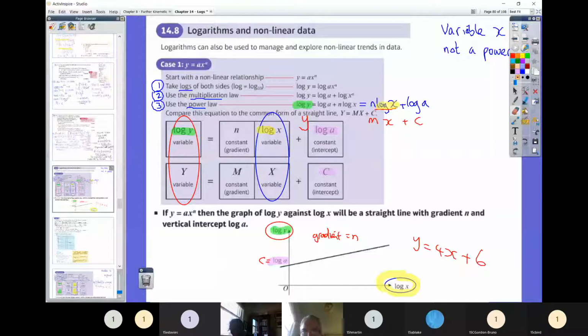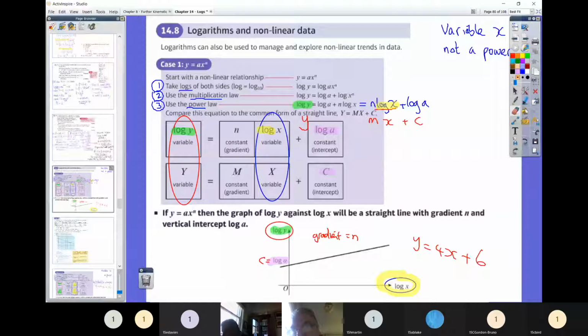Okay, our y-axis is log y. That's the bit I've done in green fluorescent pen. So note the left-hand side at the top is our y-axis at the bottom, log y. And looking at where I've written it in blue on the right-hand side, n is actually our gradient, our m.